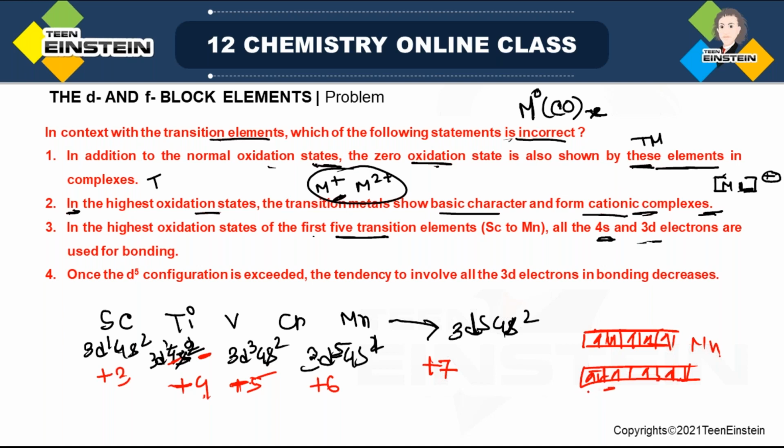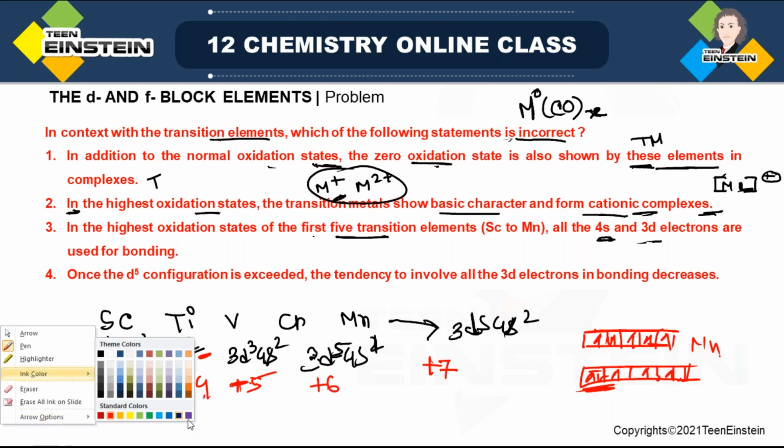Now this pair you cannot break, so now you have only 4 unpaired electrons. So you cannot say that the maximum oxidation state of iron can be achieved by removing all the electrons, because we cannot break this pair. But up to manganese there is no pair, so that is why it is possible. So this statement is also correct.